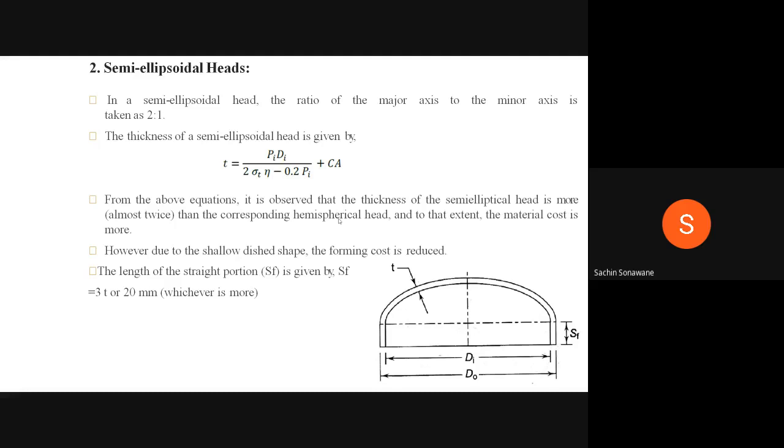The length of the straight portion SF is given by SF is equal to 3T or 20 mm, whichever is more. Here T is thickness of semi-ellipsoidal head. SF is straight portion. Di inside diameter, Do outside diameter.